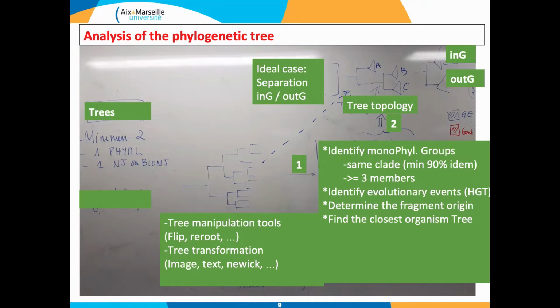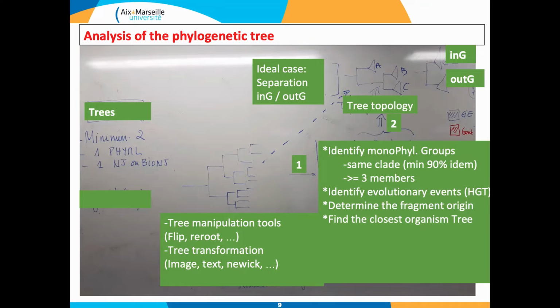The ideal case when you make your tree topology is to have only two monophyletic groups. One of the groups should be your in group, and the other should be your out group. That is the ideal case, but life is not perfect.